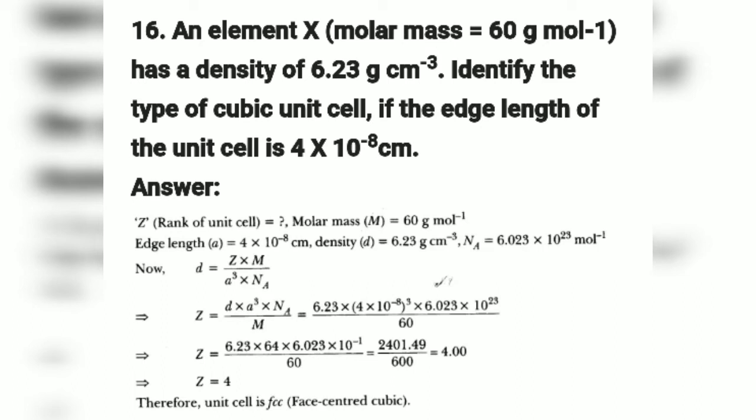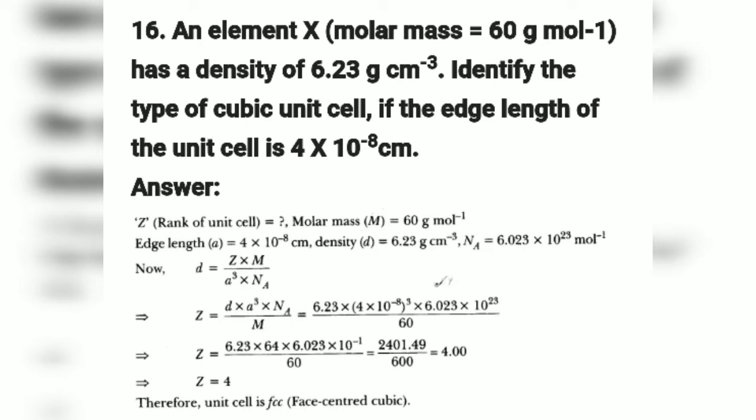An element X, molar mass 60 gram per mole, has a density of 6.23 gram per centimeter cube. Identify the type of your cubic unit cell if the edge length of the unit cell is 4 into 10 raised to minus 8 centimeter. Again, the same kind of question is asked. What do you have to do in this?